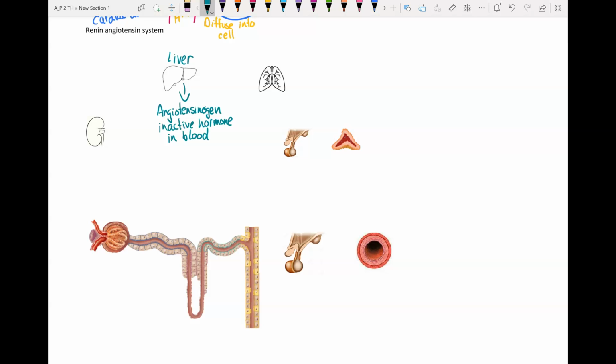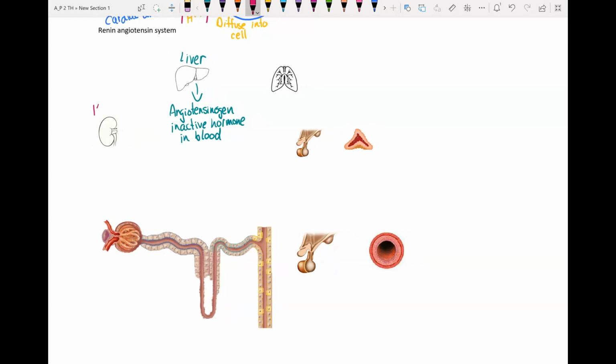Your kidney is in charge of activating it. Your kidney is monitoring your blood pressure, and it will detect when you have a drop in blood pressure. So if your blood pressure gets too low, your kidney's going to know. Also, your kidney responds to norepinephrine. So if you have an adrenaline rush, your kidney's going to know about that also.